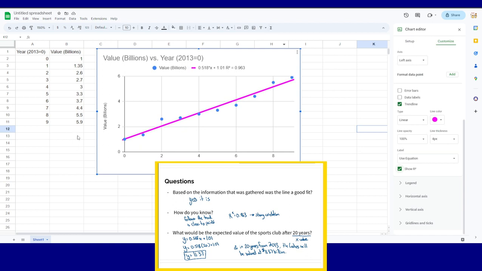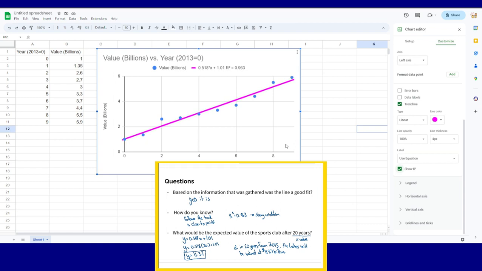If I was going to use it without the equation, say for example, I wanted to find out what is the value at 9 years. I would go over to 9 and go up and see where my line touches. It touches right here, so that's just below 6 billion. So after 9 years, my model is saying I should be just below 6 billion.